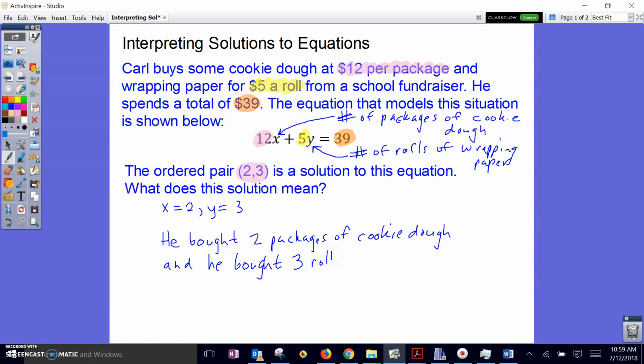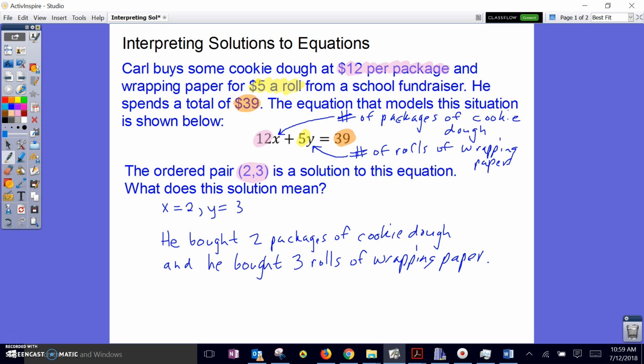And that's what that ordered pair solution represents. And so I think I've done a pretty decent job of interpreting the solution in this context. That's how most of the problems that you look at when you're trying to interpret are going to be. We need to figure out what the variable stands for, and use what the variable stands for along with our solution to decide what the actual real-world context of that solution represents.